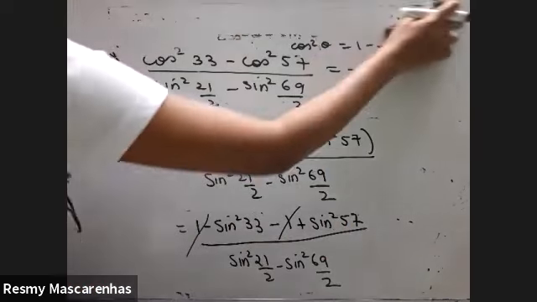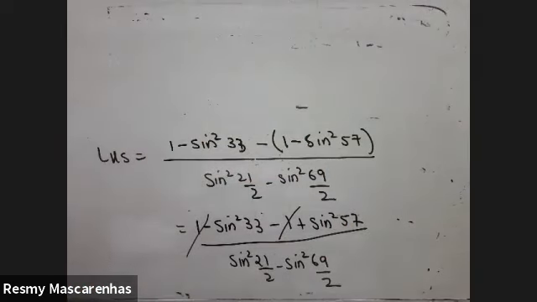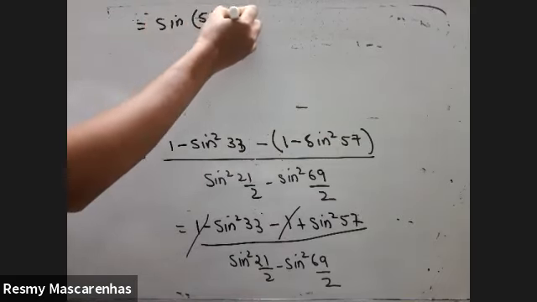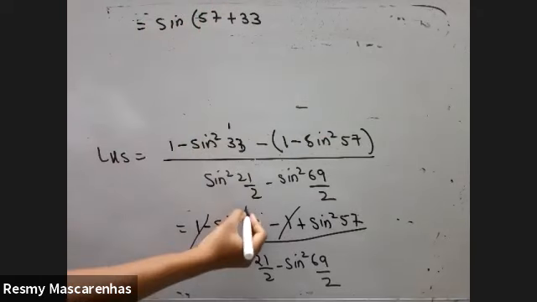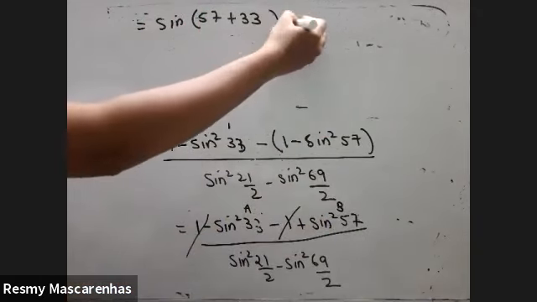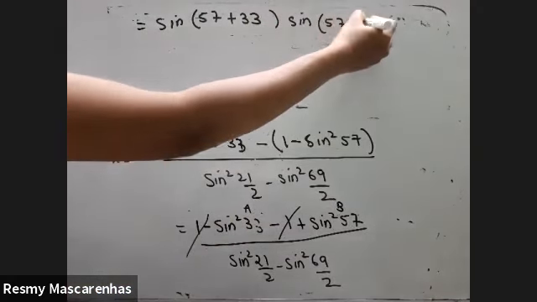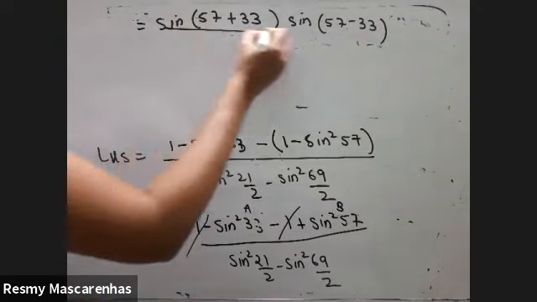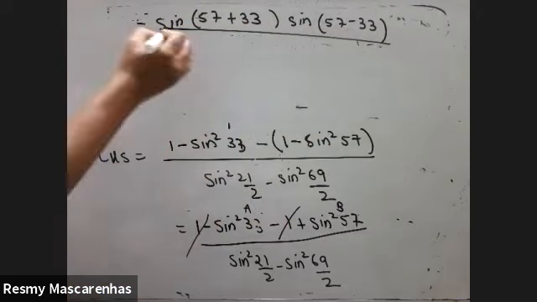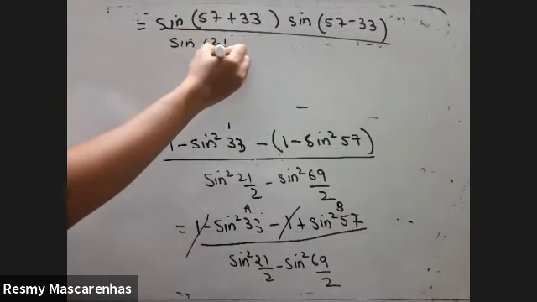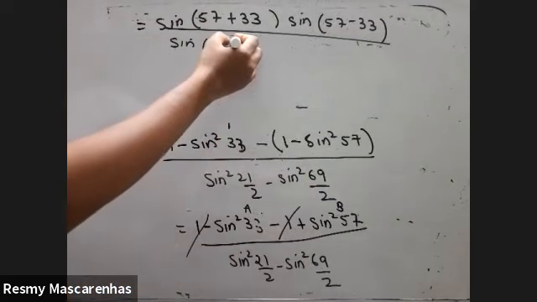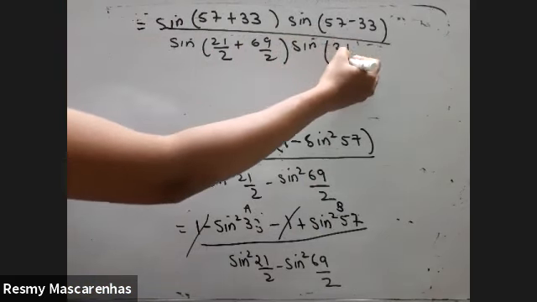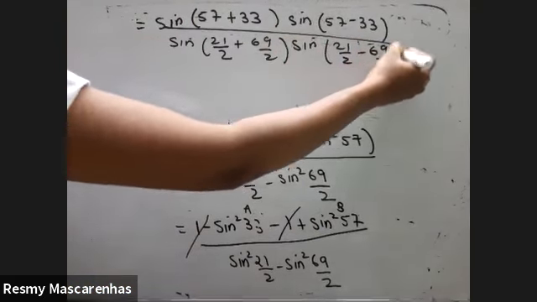So now what will happen? Just apply that formula. Here this will be sine of 57 plus 33, this is A and this is B, into sine of 57 minus 33, upon sine of 21/2, same way A and B, sine of 21/2 minus 69/2.